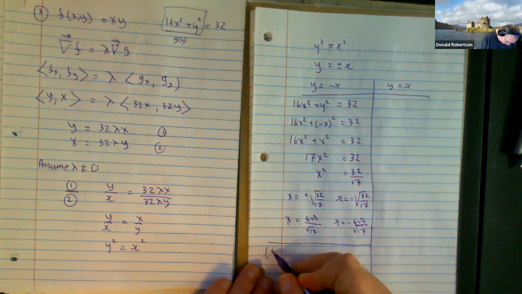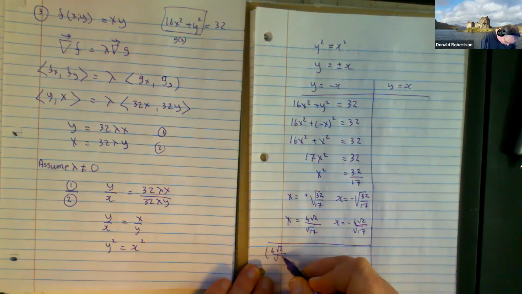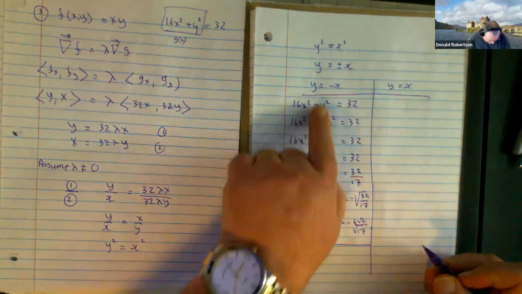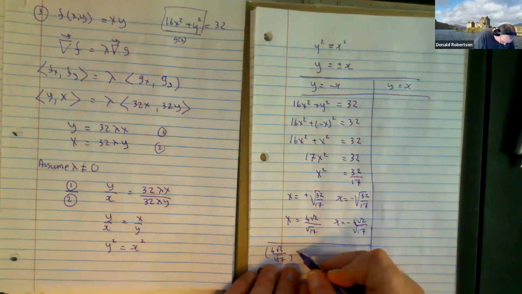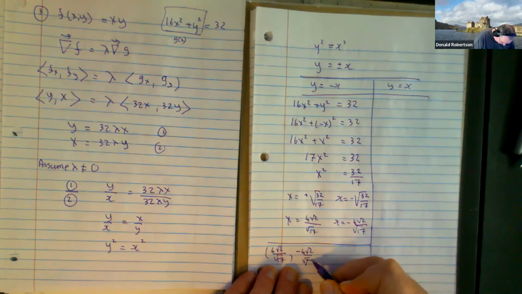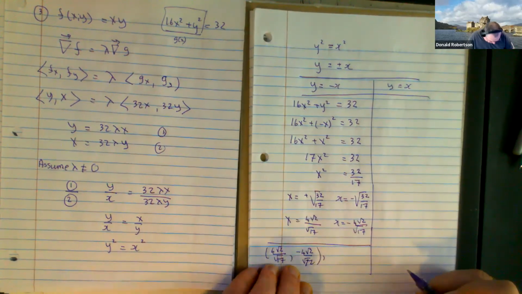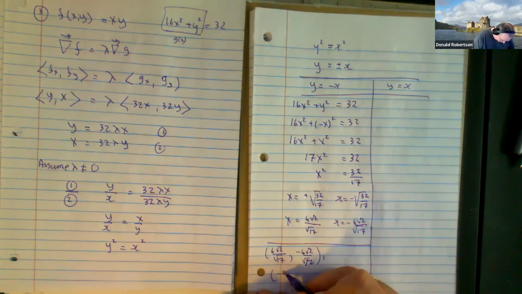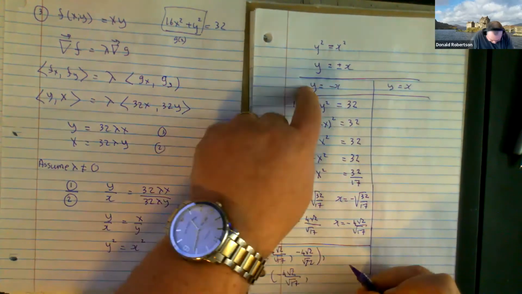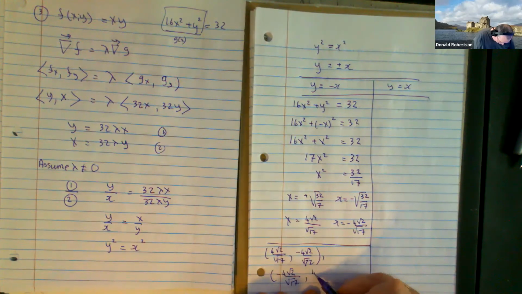X is 4 root 2 over the square root of 17, and the y value will be the negative of whatever the x is. So you have negative, that guy. The other possibility is that this would be a negative number for x, and since y is the negative of what x is, you get a positive value for that.